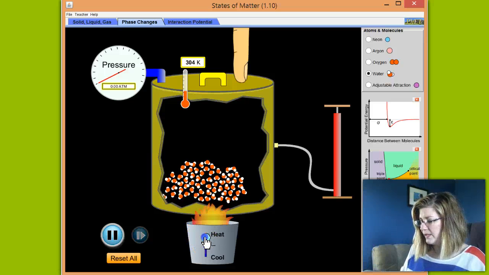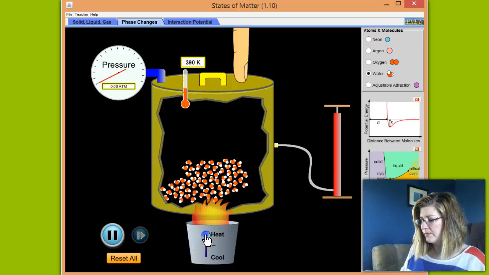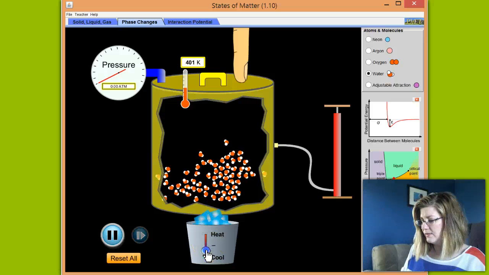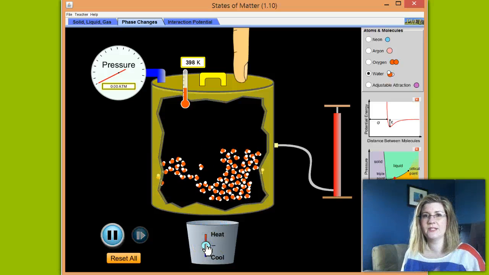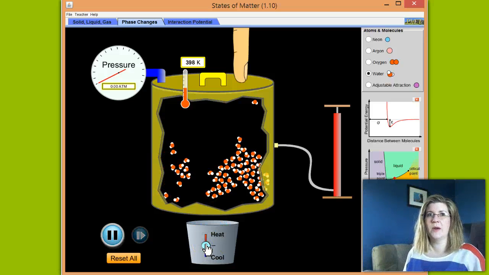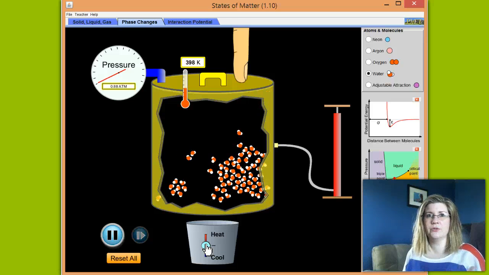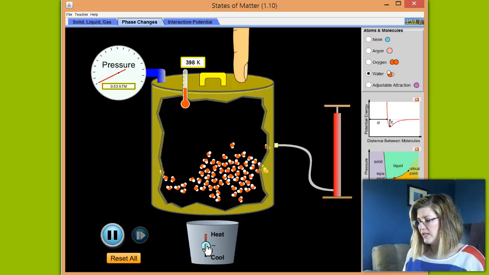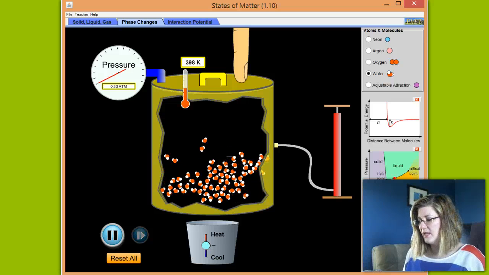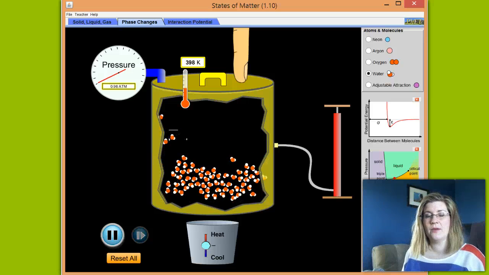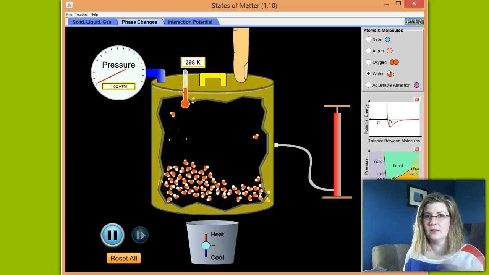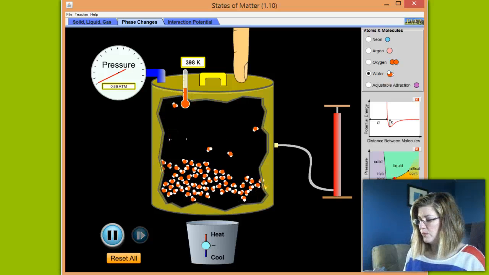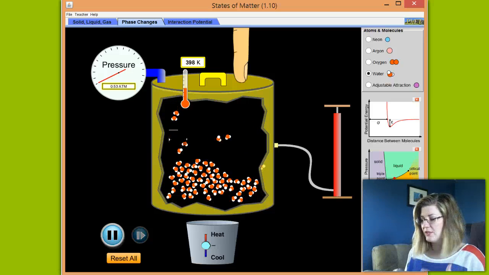If we take it up even higher, let's go to about 398. That's where I was trying to take it, 398. So we'll raise it 100 degrees K. This is probably equivalent to about 125 degrees C. You can see that now our molecules are moving even faster in some areas. When they escape, they slow down because they're just floating in space without any attraction to anything.